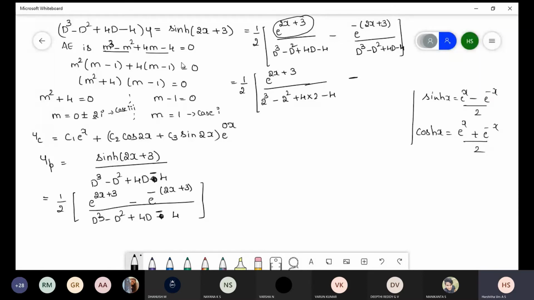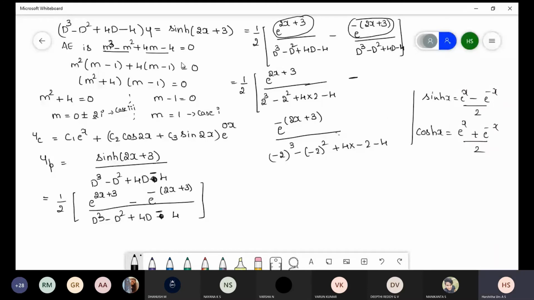In the second one, what is our a value? Here it is minus 2: minus 2 whole cube minus minus 2 whole square plus 4 into minus 2 minus 4.